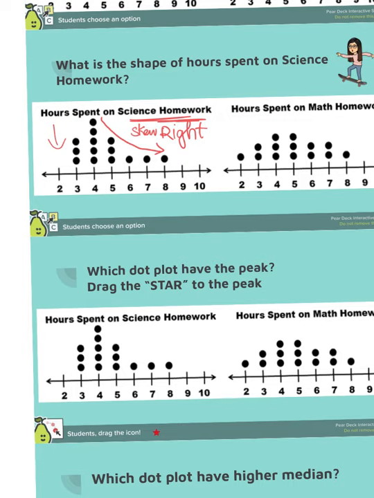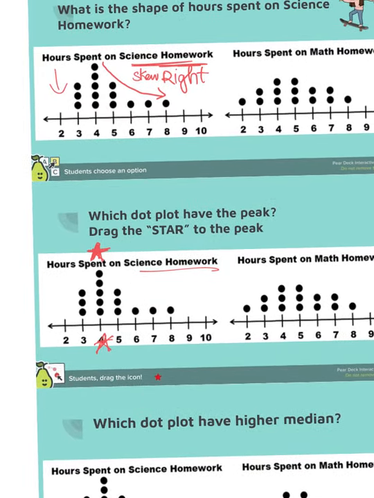So the peak is at science homework and at 4. So I put my star right here. Okay, you can put your star around number 4. That's completely fine.